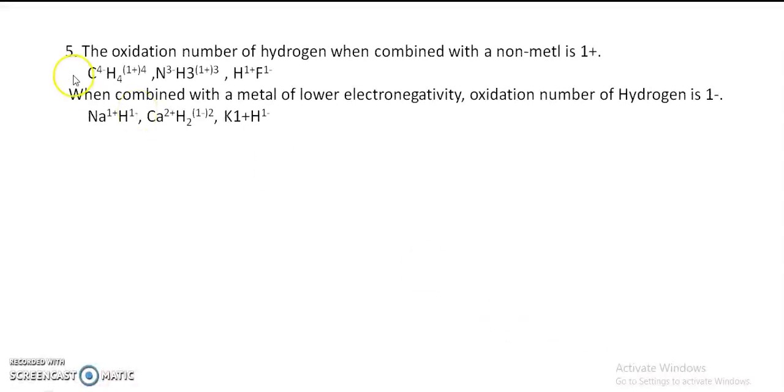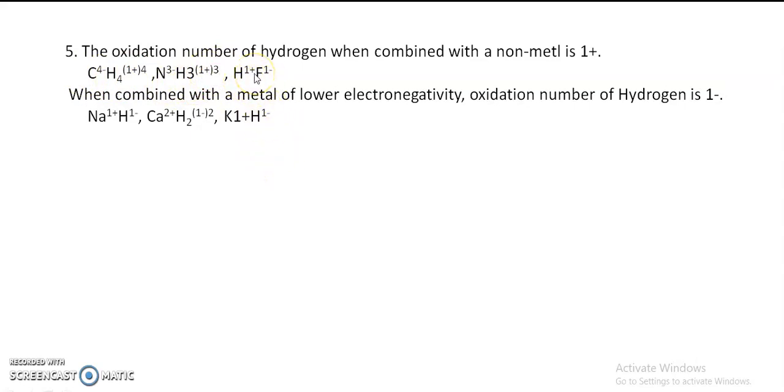Now fifth rule, the oxidation number of hydrogen when combined with non-metals is +1. Here hydrogen is combined with non-metals. Hydrogen has +1 oxidation state in methane, in ammonia, and in hydrogen fluoride.